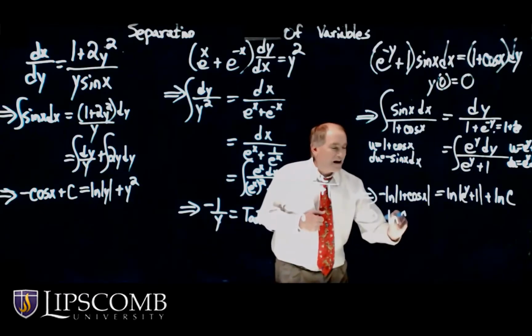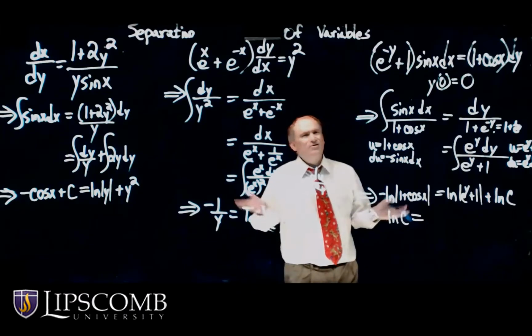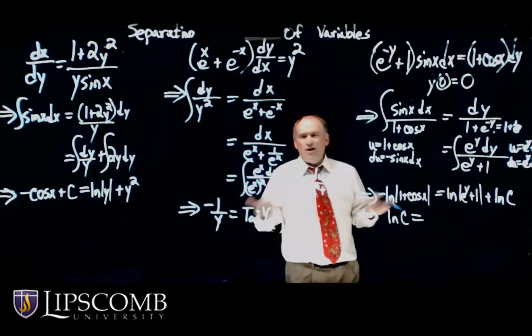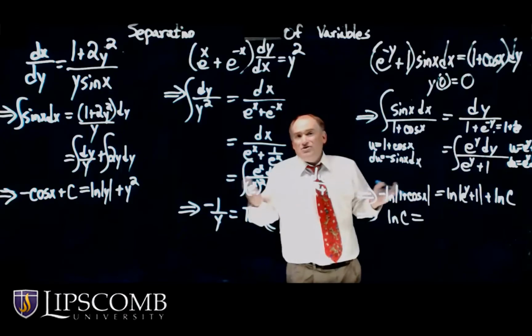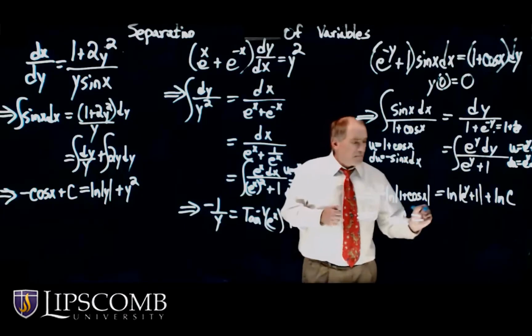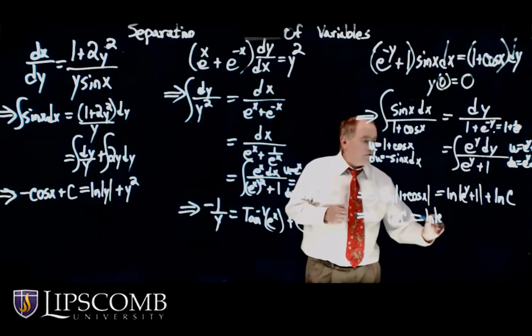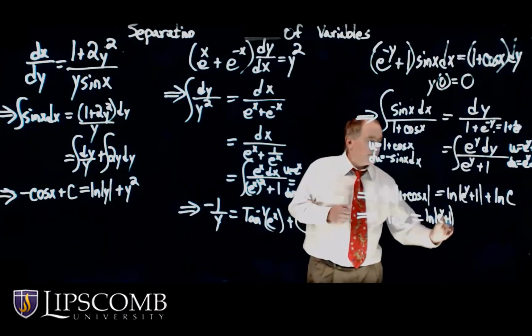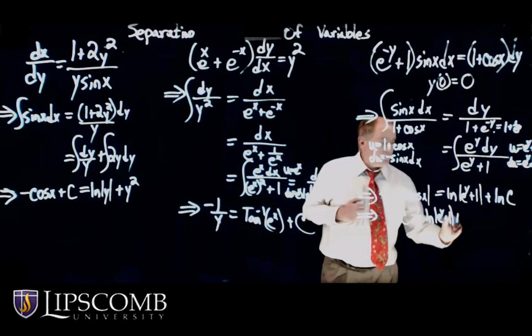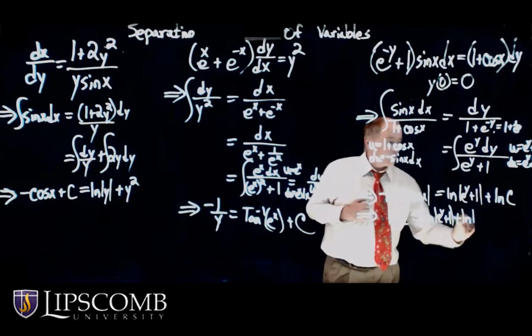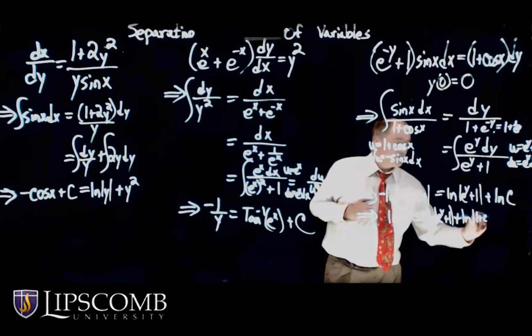So I'm still going to keep it a positive because it's an arbitrary constant. Positive or negative arbitrary constant is still an arbitrary constant. So I'm going to have natural log of absolute value of e to the y plus 1 plus the natural log of the absolute value of 1 plus cosine of x.